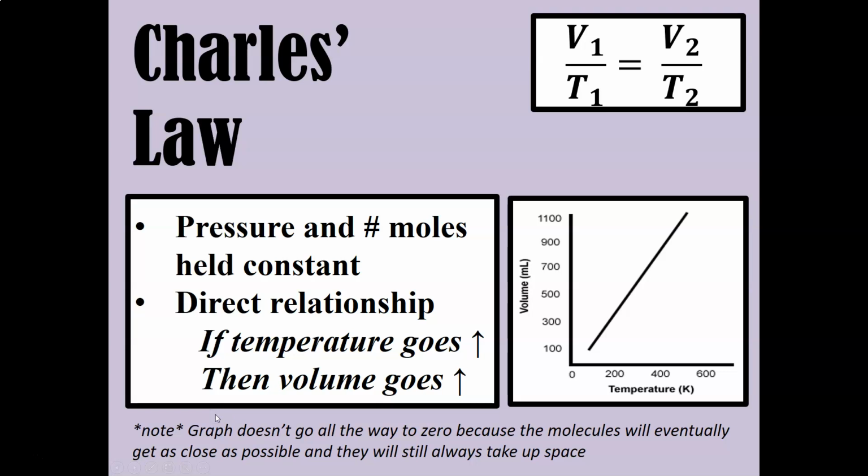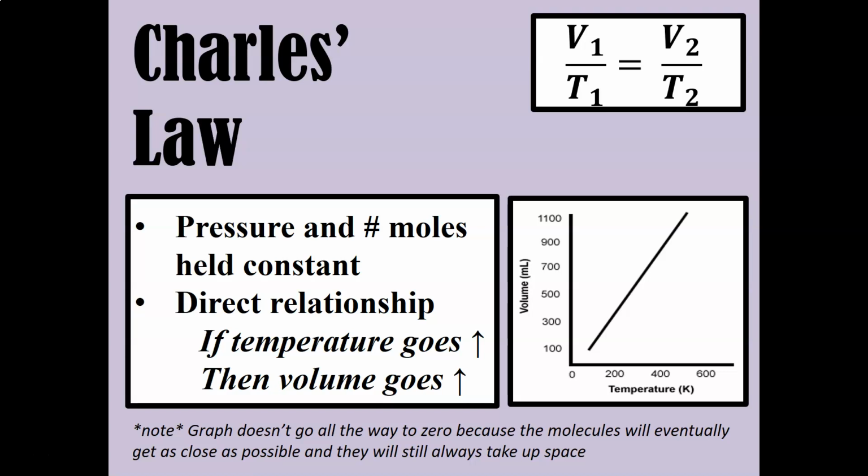So, Charles's law is going to hold pressure and moles constant. We're not going to change the pressure. We're going to let the size of that container change, right? It'll keep the pressure the same. And then we should notice if your temperature goes up, your volume is going to go up. And that kind of makes sense if you think about what temperature means. It means the molecules are going to be moving faster.